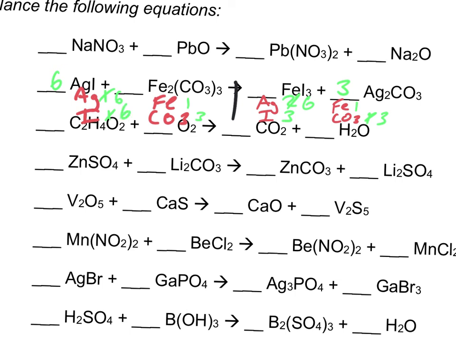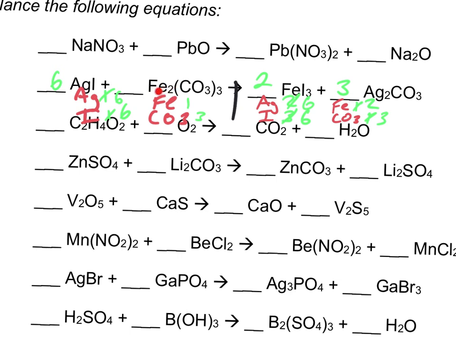6 and 6. Now I really have iodine messed up big time. So I have 6 iodine on the reactants and 3 on the product. So I'm going to multiply that by a 2 so I can get 6 iodines, but that messed up my iron to 2. And, oh, I have a mistake.